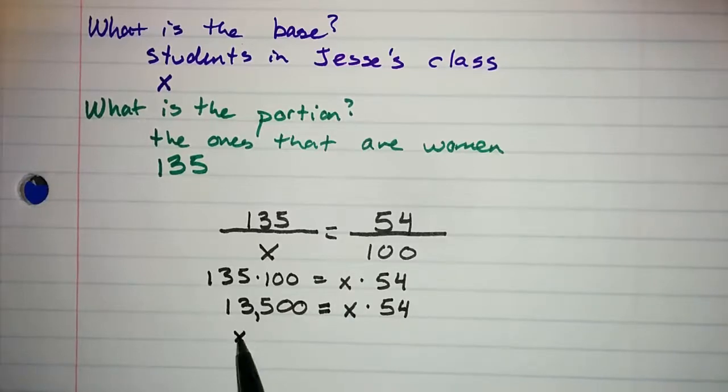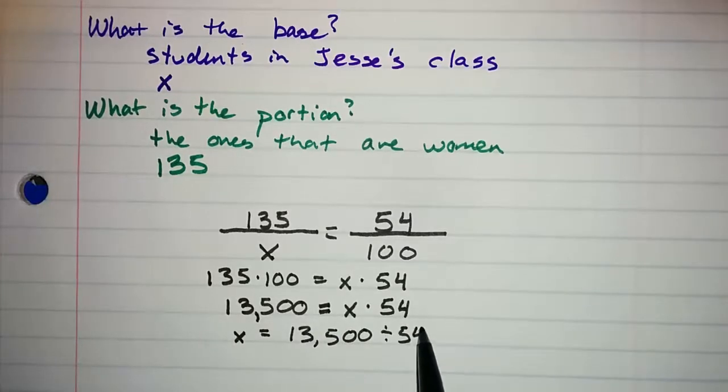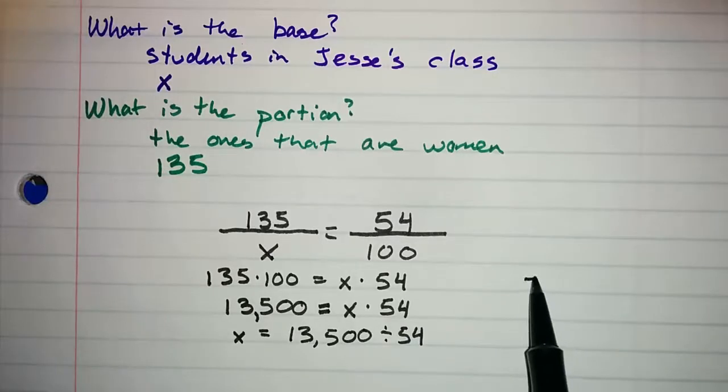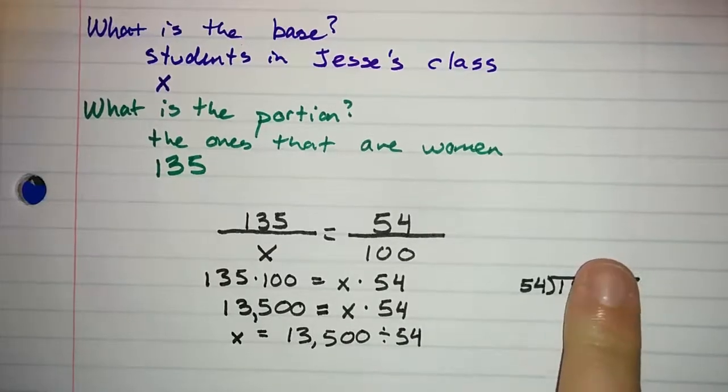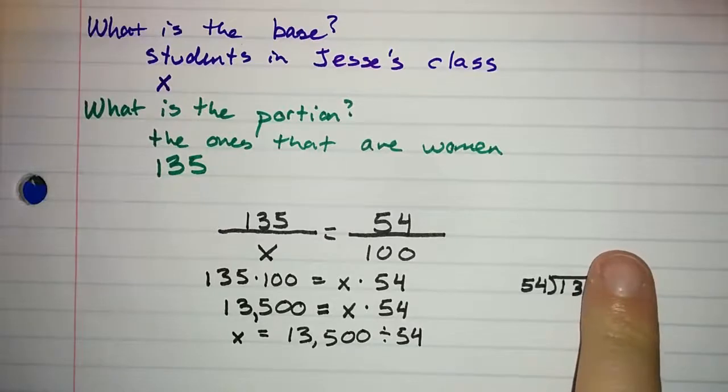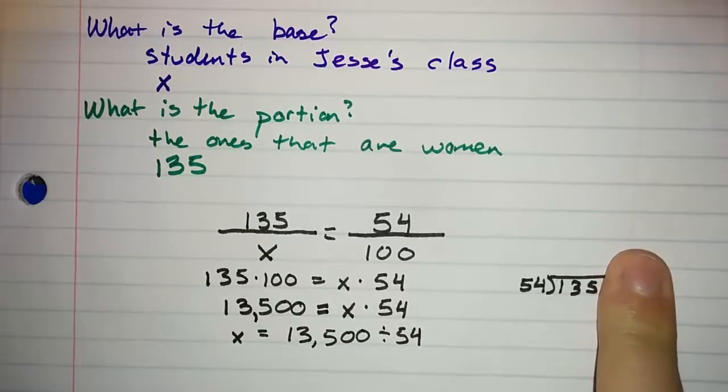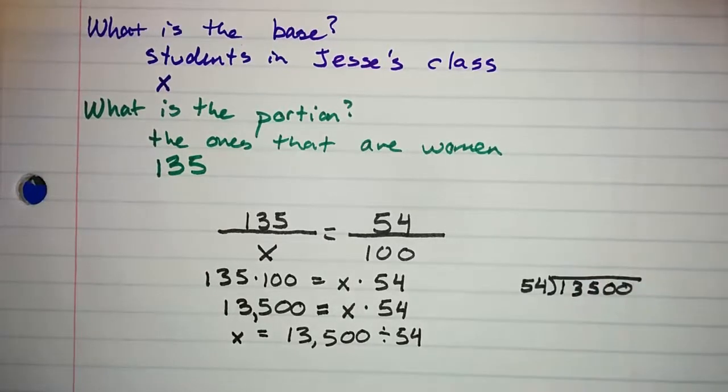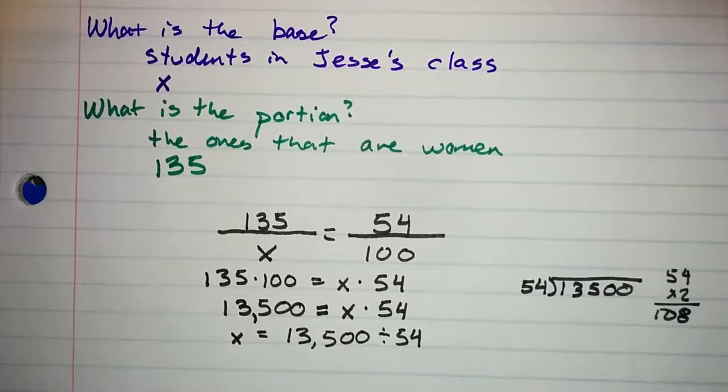So my x is going to be 13,500 divided by 54. Now it's time to do that division. 54 doesn't go into 1, it doesn't go into 13. It does go into 135, I think twice. Yeah, 3 is going to be too big.